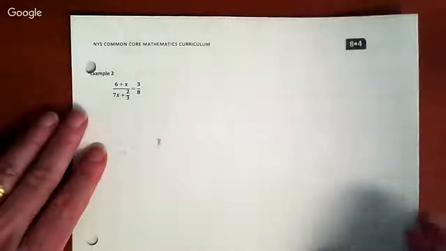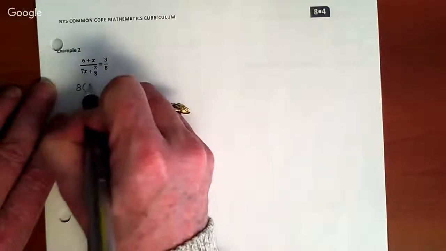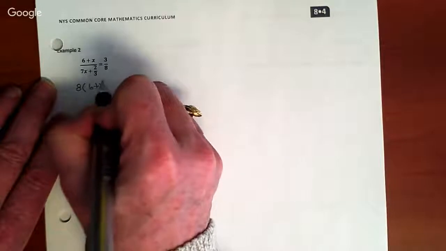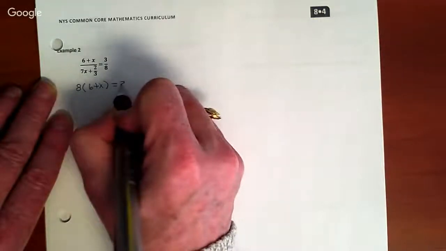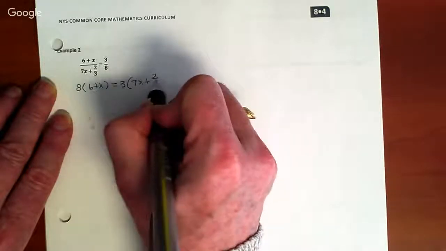Our next example, okay, I have 8 times (6 plus x) equals 3 times (7x plus 2/3).